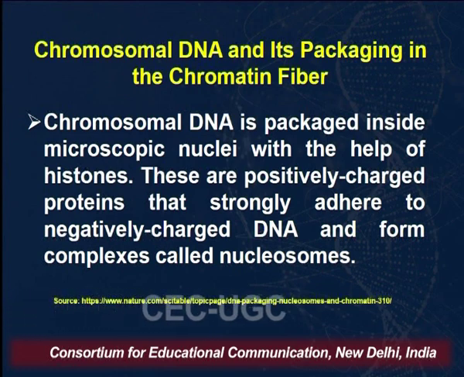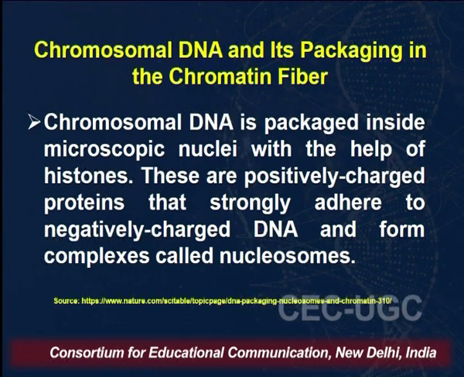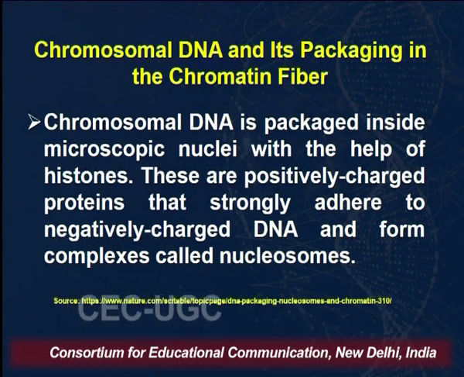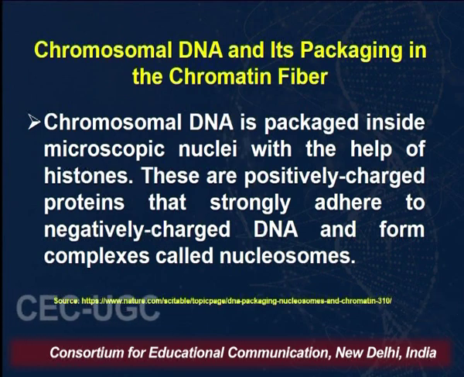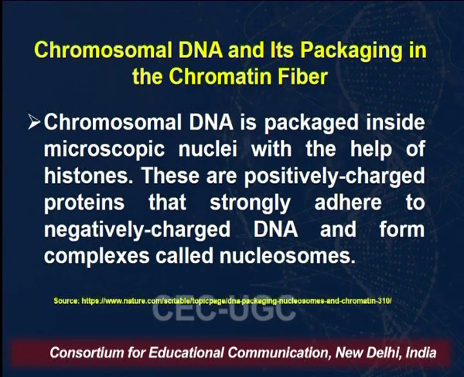The histones are positively charged proteins, so they strongly adhere to the negatively charged DNA and form the complex called the nucleosome. The nucleosome is the specialized structure in which the DNA is coiled onto the histone octamer.